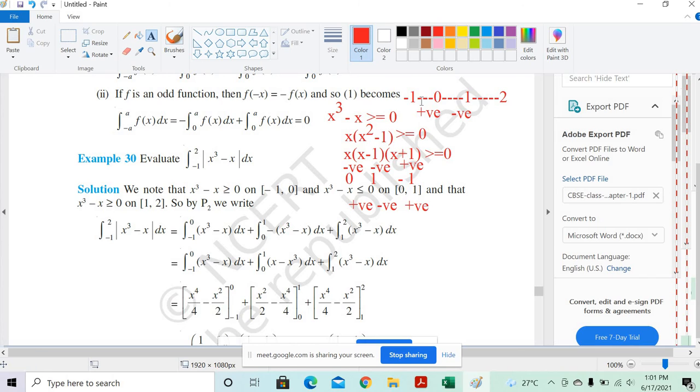So when x is between minus 1 to 0, we need to check whether this function x into x minus 1 into x plus 1 results in a positive value or not. If it does, then it's fine for us. We don't have to multiply anything.